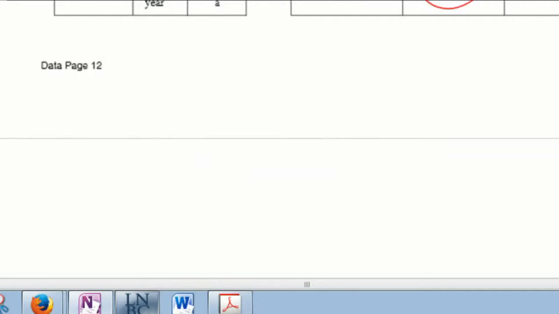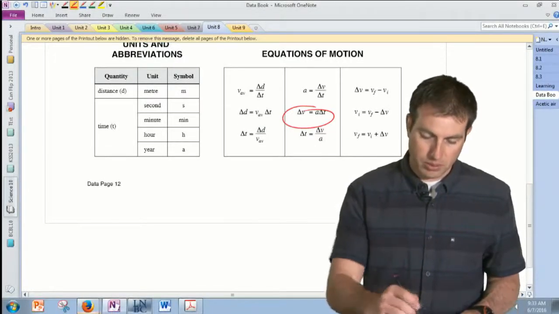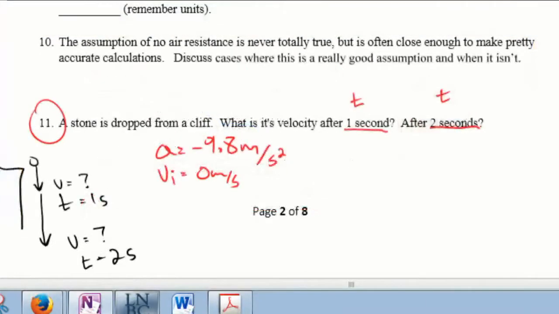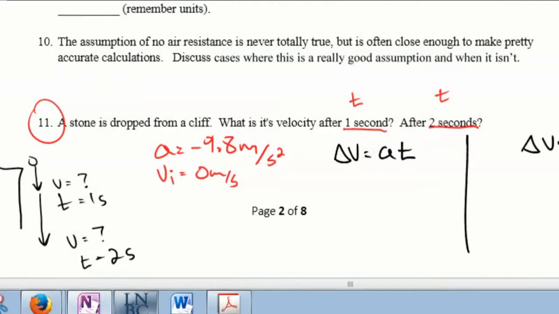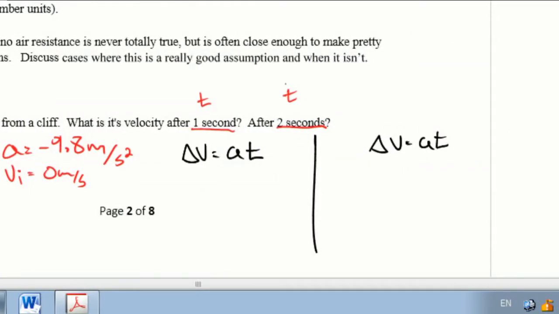I can jump over to my equations. I see that velocity is my acceleration times my time, or delta V is AT. So let's start with that. Change in velocity is the acceleration multiplied by my time. I'm going to have to do this for 1 second, and I'm going to have to do this for 2 seconds.